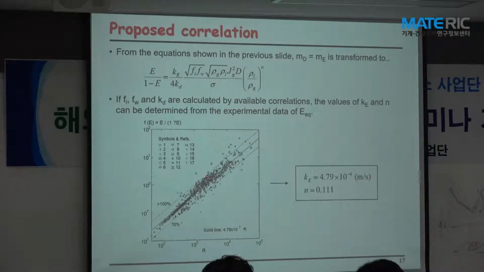You can see I used 17 experimental databases, and the plots come out like this. So from this, I could believe this relation is present in the droplet entrainment process. And from the data, the exponent value and the proportional factor were fixed like this.